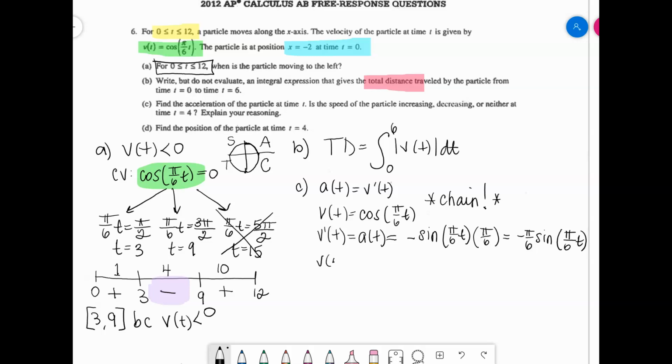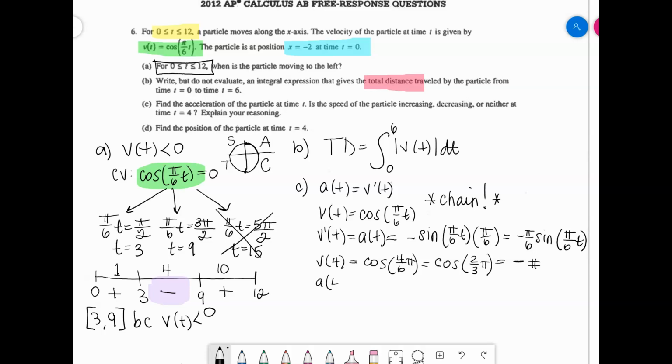So velocity at 4 would be equal to the cosine of 4 over 6 pi, which is the cosine of 2 over 3 pi, which is going to be in the second quadrant. So in the second quadrant, cosine is negative. Okay, so it's a negative number. You don't even have to tell me what it is. You could just say that it is negative there.